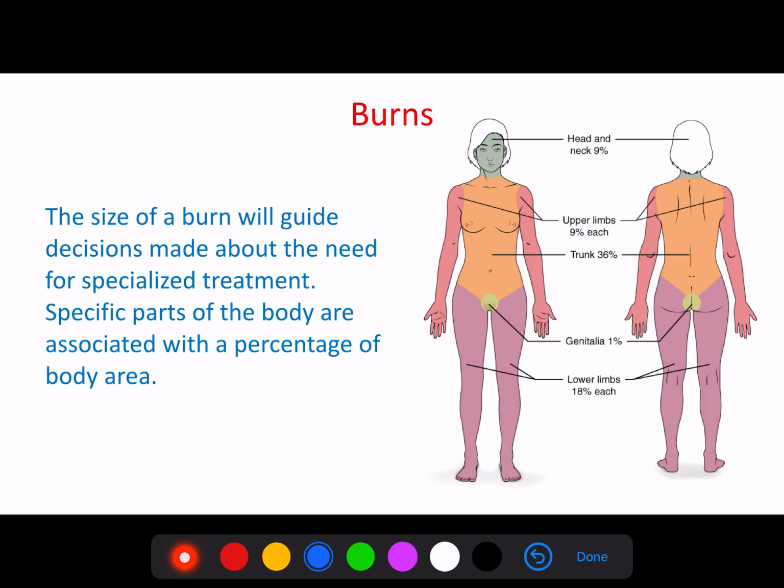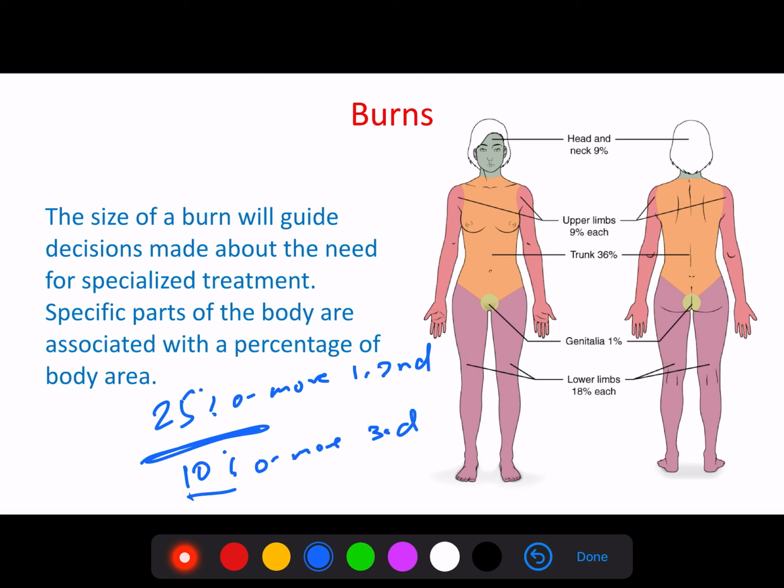When do we consider a burn as critical? So, for example, if it's 25% or more of the first or second degree, that's a critical burn. If it's 10% or more on third degree, that is a critical burn. And when we say critical, it means that they need medical attention, they need treatment, they need to be isolated.